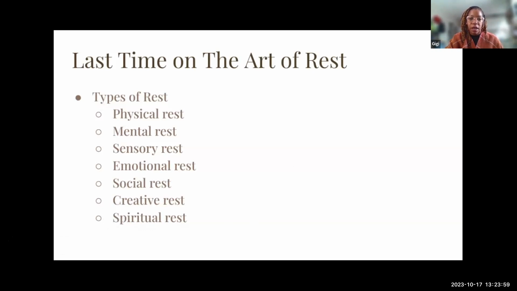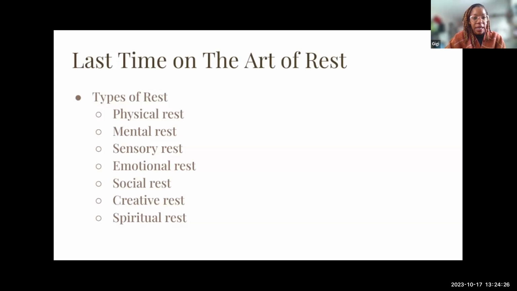Those were our 7 types of rest that we discussed last time, and we worked through a few of those. If anyone has thought about anything since our last meeting about those types of rest, I encourage you to put it in the chat, and we can return to that later.